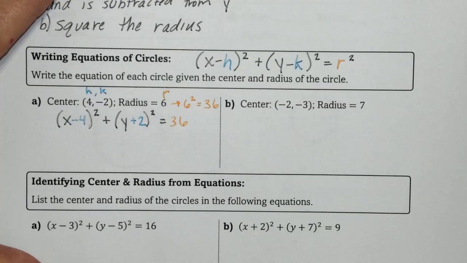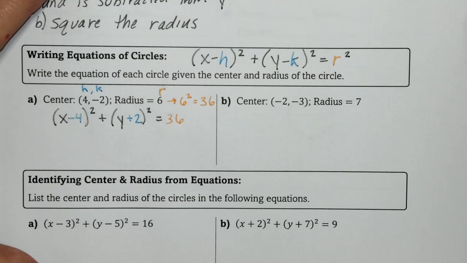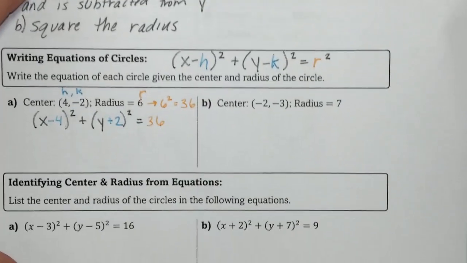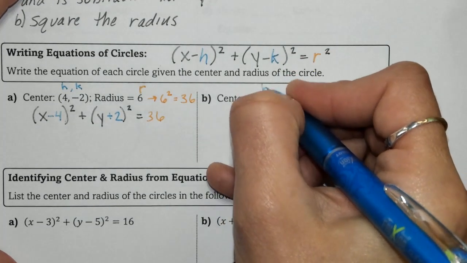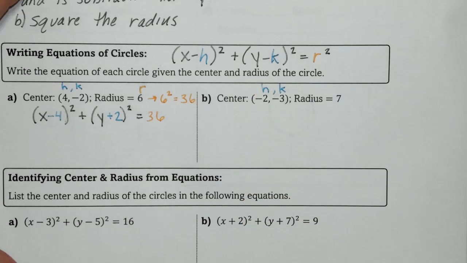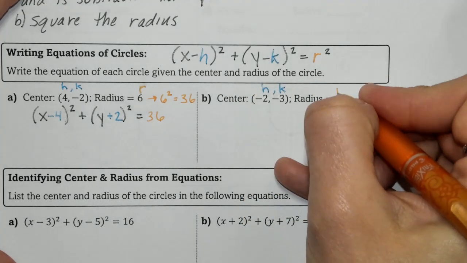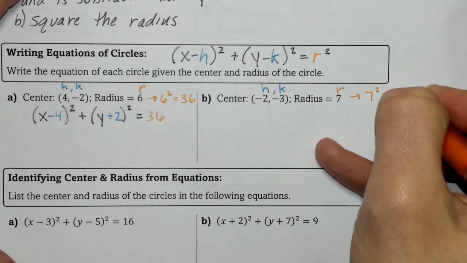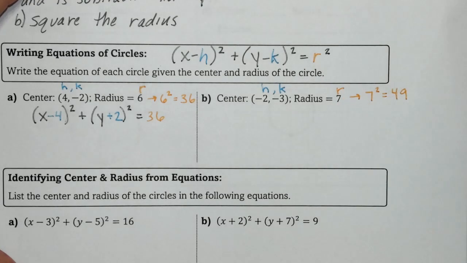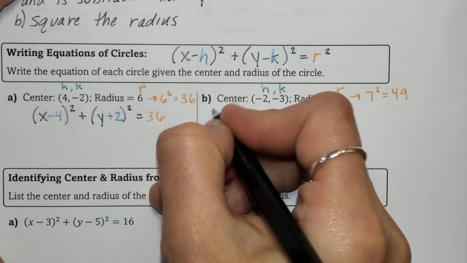You know, it's the exact same thing. Follow the rules of squaring the radius before you put it in the equation and changing the signs of h and k. So here's h, here's k. Our radius is 7. We want radius squared, so we put 49 in that equation. So let's start it off.